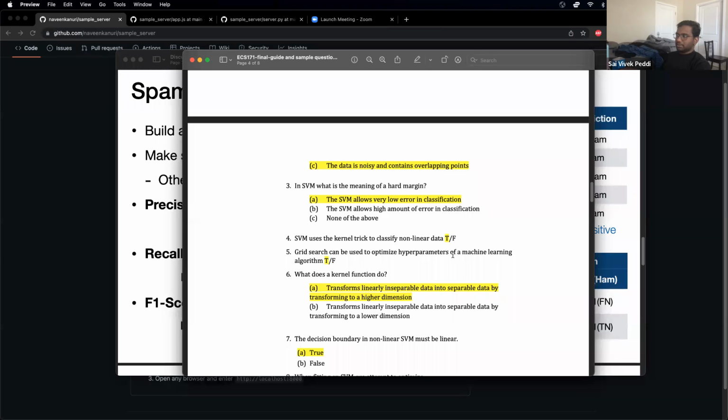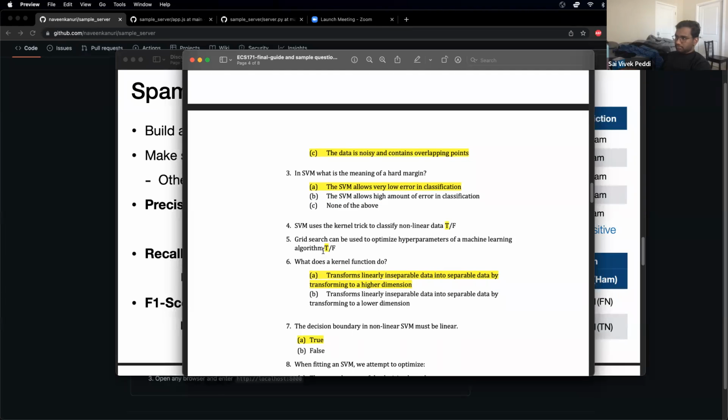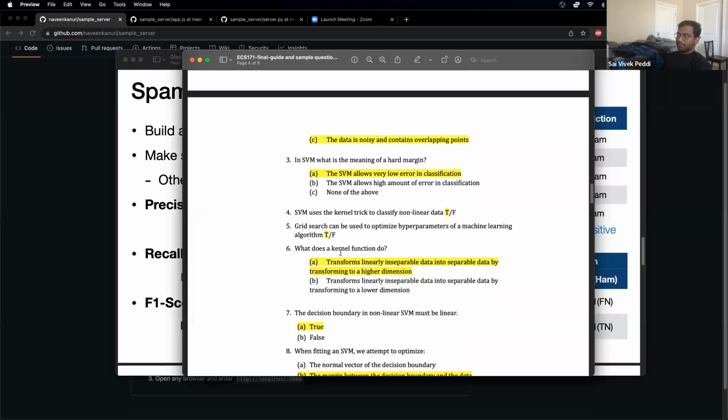Yes, it does use the kernel trick to classify nonlinear data. Grid search can be used to optimize hyperparameters of a machine learning algorithm. True. We have already discussed this in one of our discussions. We have random search and grid search, the two things we've used for finding optimal hyperparameters for our algorithms.